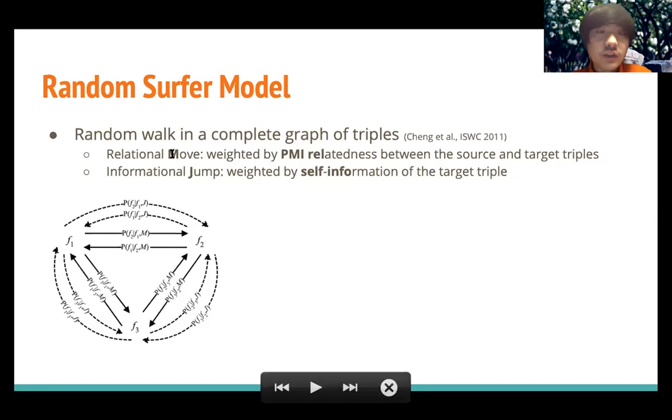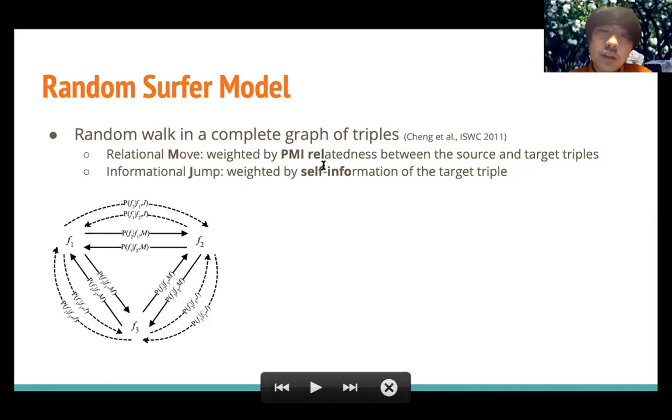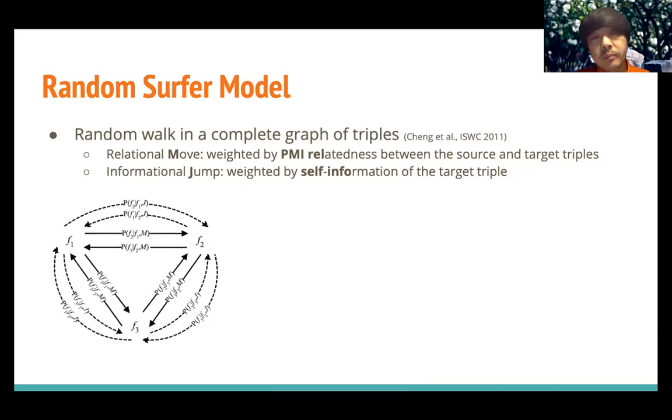So for move here, the surfer can move to different nodes along different edges with different probabilities. How can we compute these probabilities of moving? We compute the relatedness between two triples. So if the two triples are closely related to each other, then we believe that the surfer has a higher probability of moving from one of these two triples to the other.